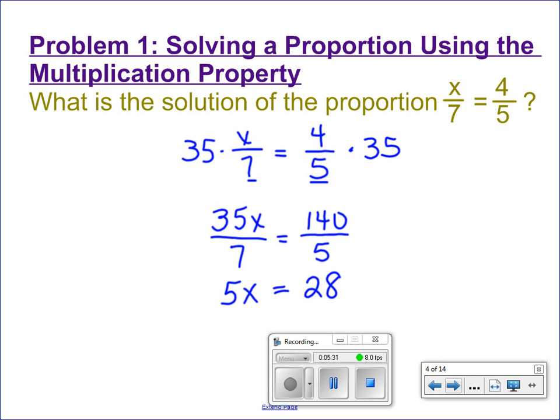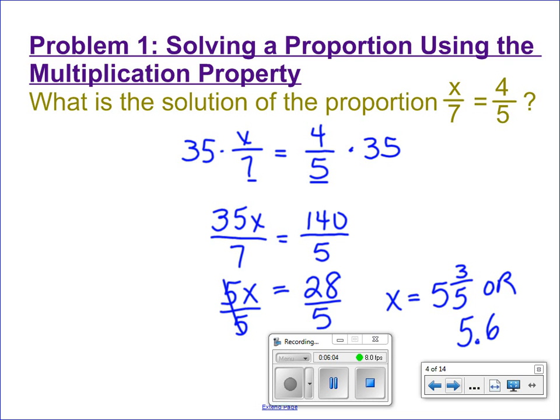All right, and then dividing both sides by 5. Our 5 over 5 is equal to 1, and 1 times x is x. On the right-hand side, 28 divided by 5. 5 goes into 28 5 times with 3 left over, so it'd be 5 3/5, or that can be expressed as 5 6/10 as well.